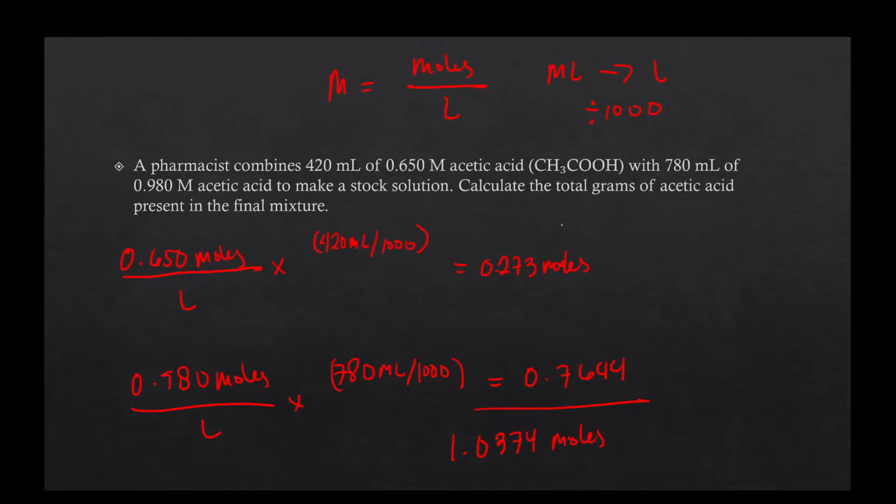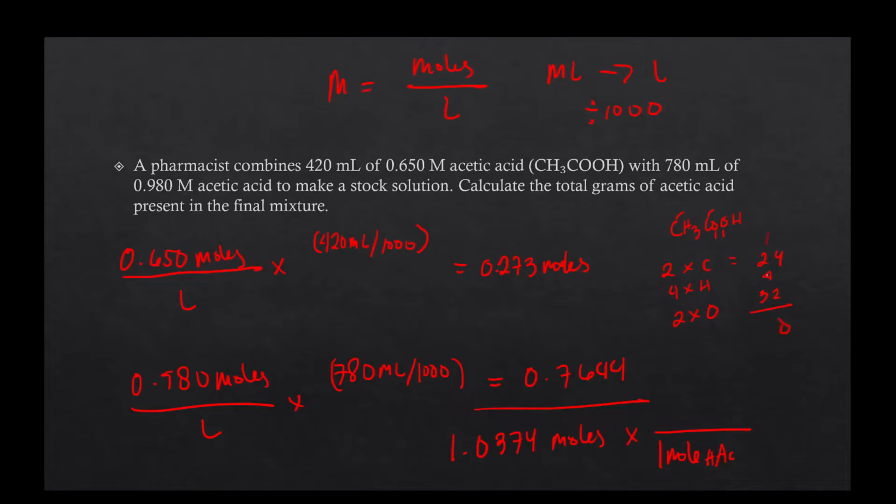But what it's asking is grams of acetic acid. So we need to multiply by the weight of acetic acid. 1 mole acetic acid is CH3COOH, 2 carbon, 4 hydrogen, and 2 oxygen. 2 carbon is 24, 4 hydrogen is 4, and 2 oxygen is 32.